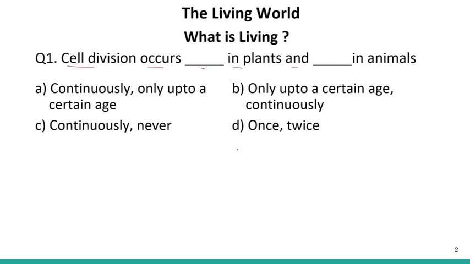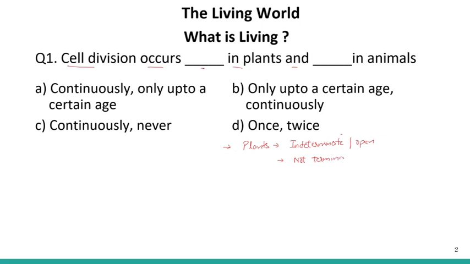Okay, so if we talk about plants first, so what happens? Usually plants show indeterminate growth, also known as open type of growth. Okay, so this type of growth is not terminated.